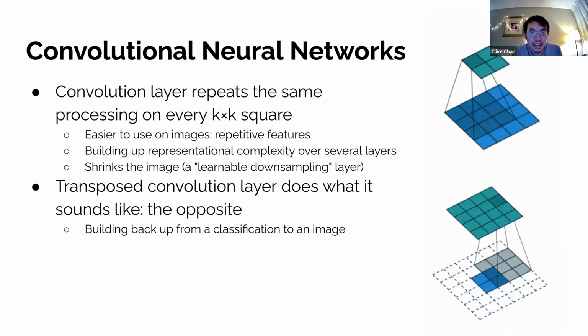Or maybe you'll see an edge, just like a line going from one corner to the other. Or you'll see a corner. And there are very simple patterns that are very repetitive over the course of an image. So you'll see a lot of these and it'll be able to essentially summarize what it saw in that section of the image.